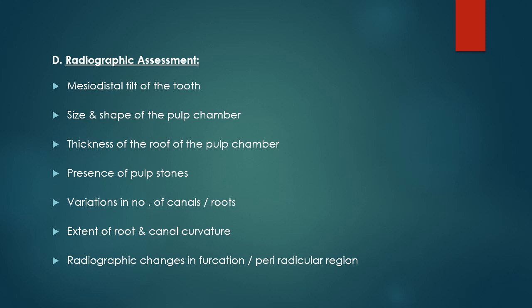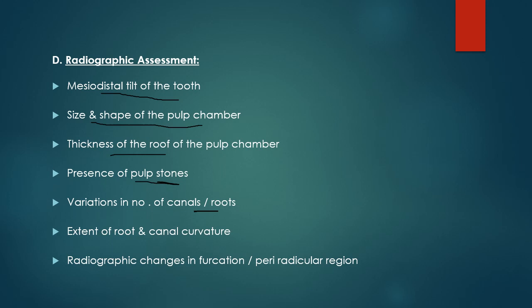Radiographic assessment. Before starting the procedure, we take a radiograph, right? In that radiograph, we have to assess all these features. Is there any mesiodistal tilt of the tooth, and what is the size and shape of the pulp chamber and thickness of the roof of the pulp chamber? Are there any pulp stones and variations in the number of canals and roots?